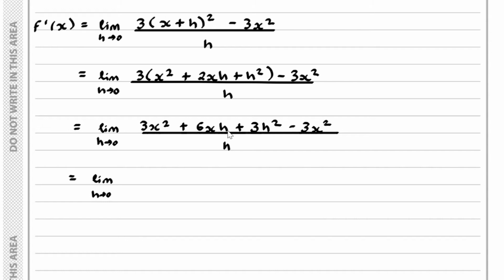Then we've got 6xh divided by h, that's just going to be 6x, and 3h squared divided by h, that's going to be 3h. Now as h tends towards 0, the 3h term tends towards 0, so we are just left with 6x.